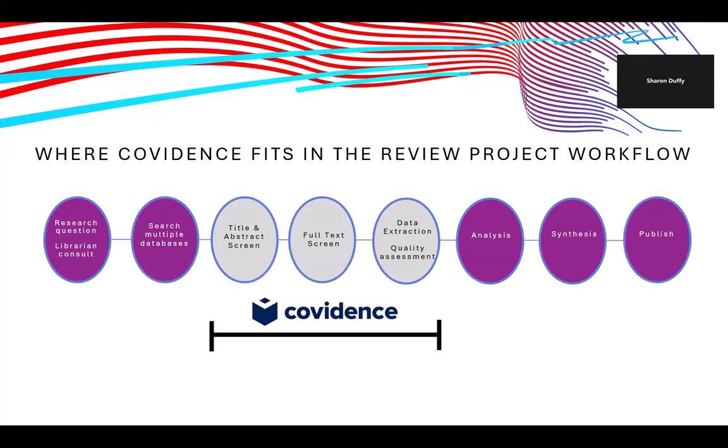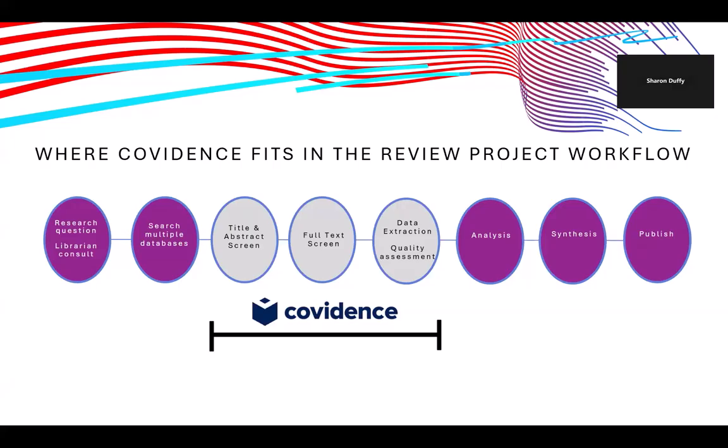All right, so this is a good overview of the systematic review process and where Covidence fits in. When you're starting a project, you're going to have a research question. You'll consult with a librarian. We have 5 librarians on staff who are certified with systematic review methodology. So we are available to help you define that question and identify if there were other reviews already published in the literature on your project.